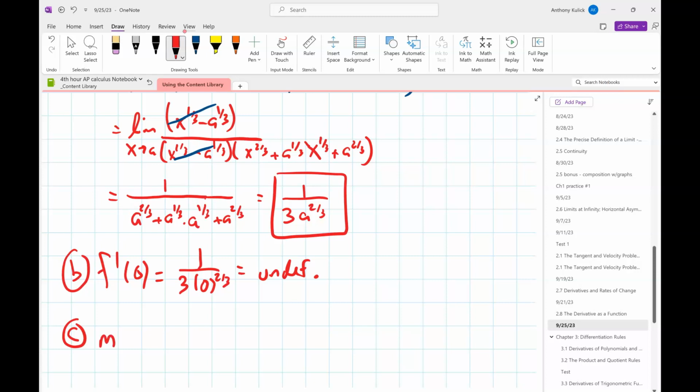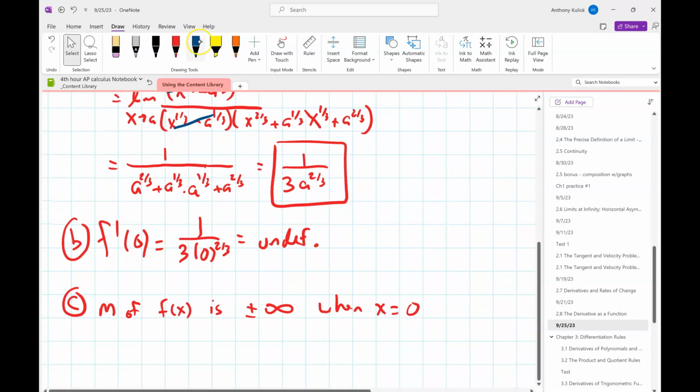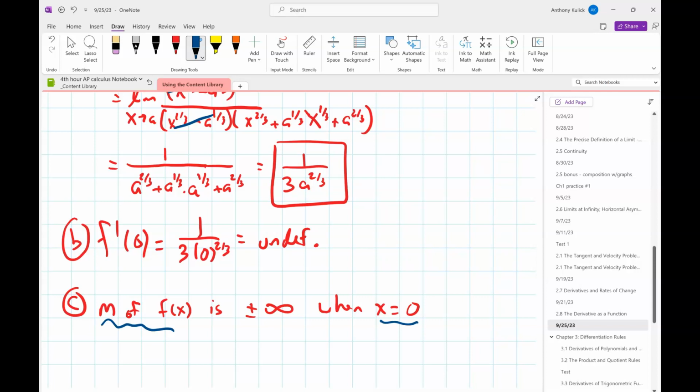So I need to show that the slope of f of x is positive or negative infinity when x equals 0, right? That's the idea. So this tells me to use the derivative, and this is telling me as x approaches 0.